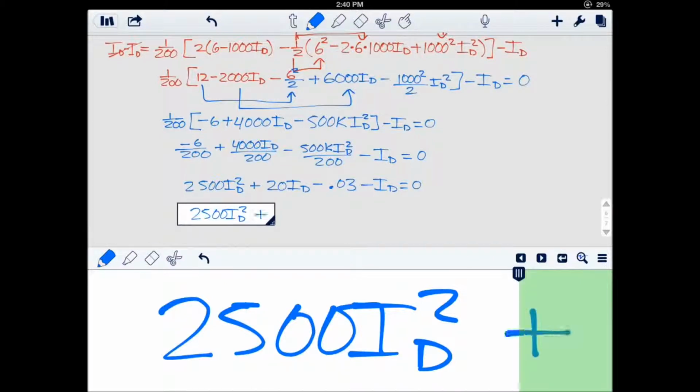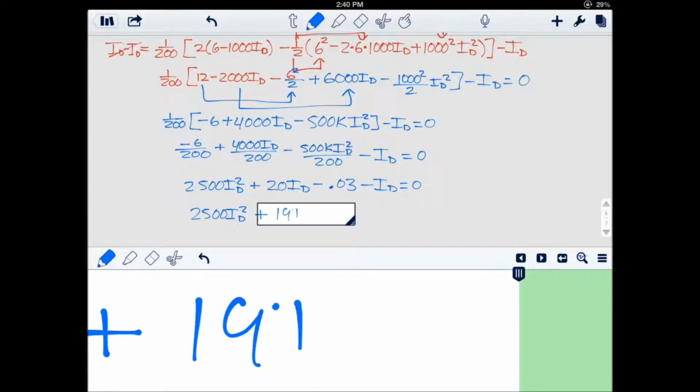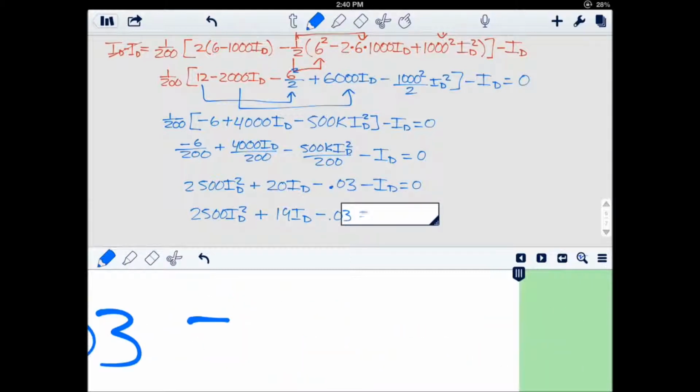You could have done this in your calculator if you have a calculator that does this.